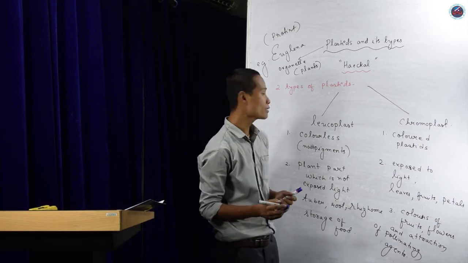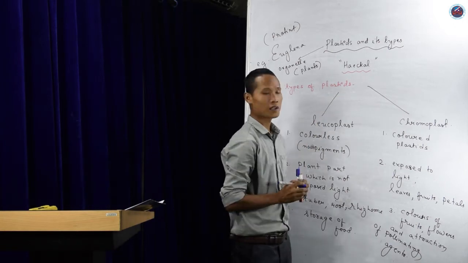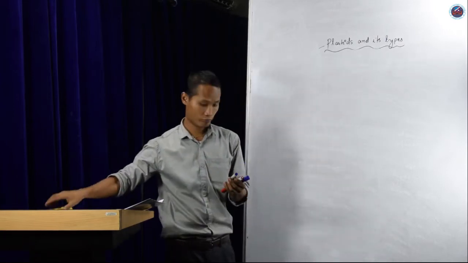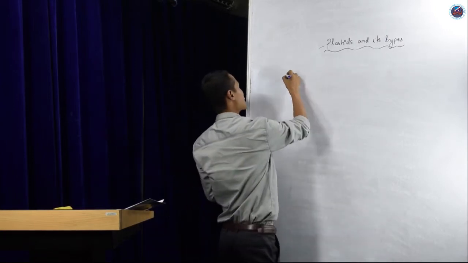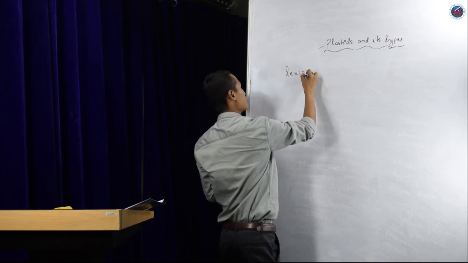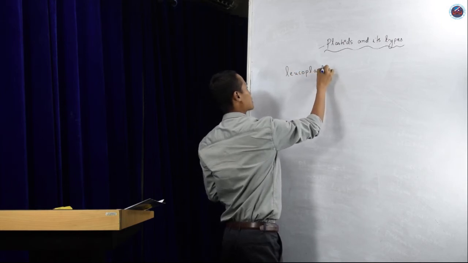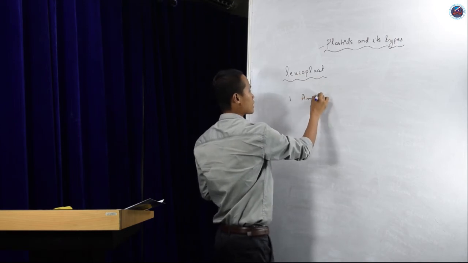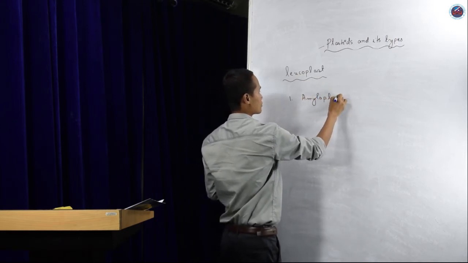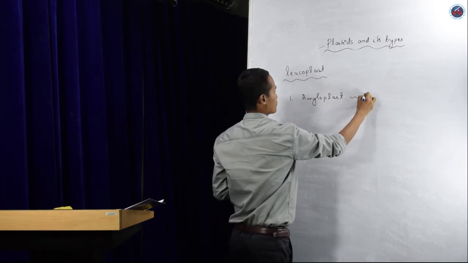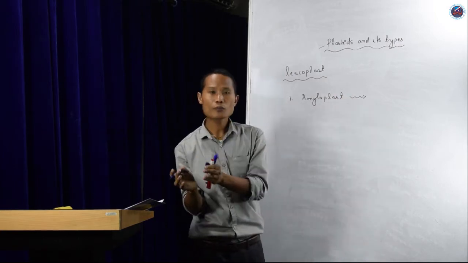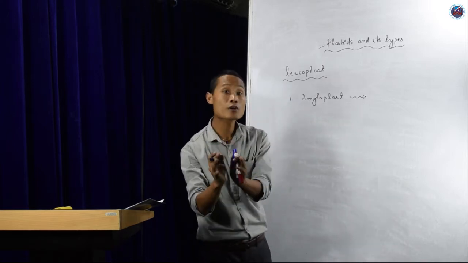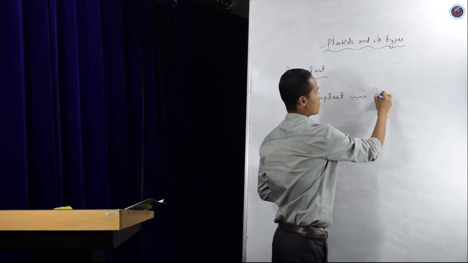Now let's try to see the types of leucoplast and chromoplast. So there are three types of leucoplast. The first one is amyloplast. This amyloplast is responsible for the storage of carbohydrates.